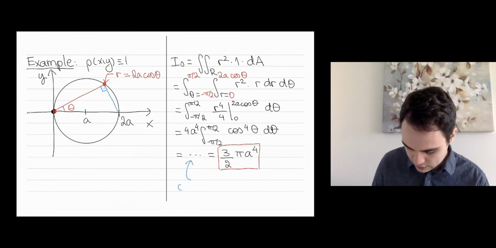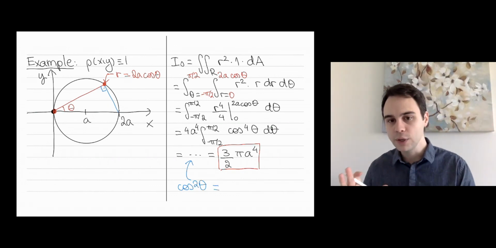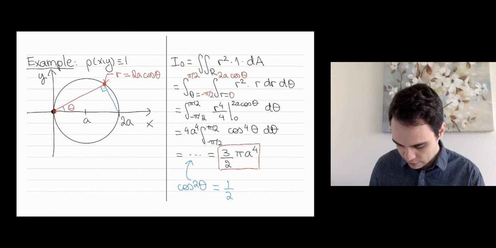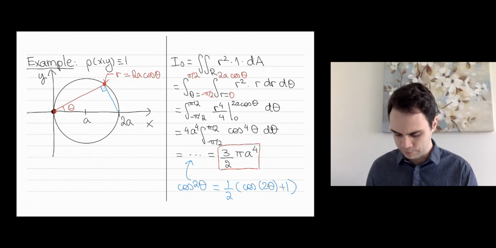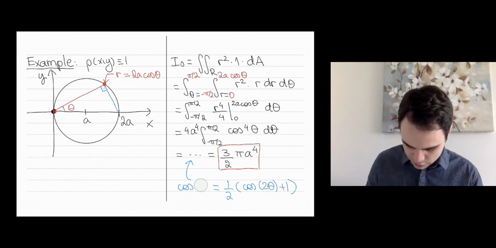The key fact to remember, and you need this fact when you integrate cosine squared, is that cosine squared theta is 1/2 of (cosine 2 theta plus 1). And let me just emphasize that I have an exponent over here.